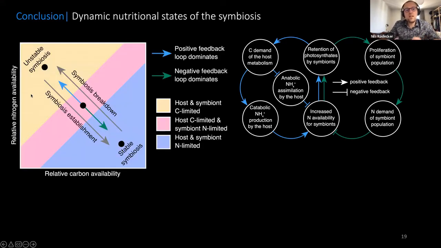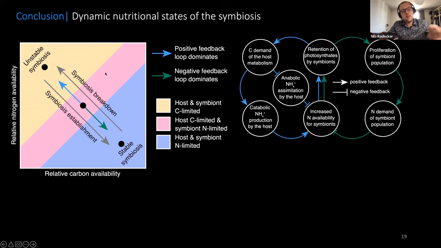So during bleaching, clearly, what we see here on the blue side is dominating. We see this shift of the symbiosis from a nitrogen limited state towards a carbon limited state where there's no longer any efficient recycling of carbon in the symbiosis.